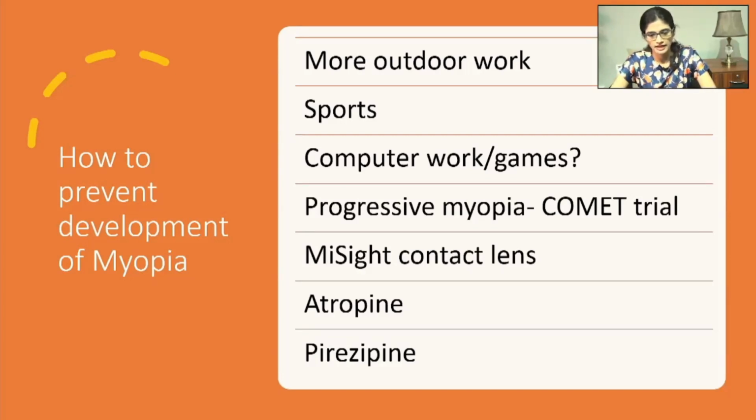Atropine, by the ATOM studies, they have shown that 0.01% atropine drops can actually be beneficial in preventing myopia. Currently we are not really doing these things, I have not seen, but in childhood, if you detect early, they would be beneficial.